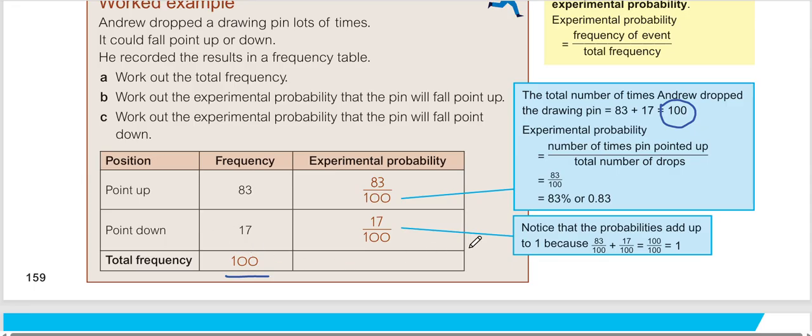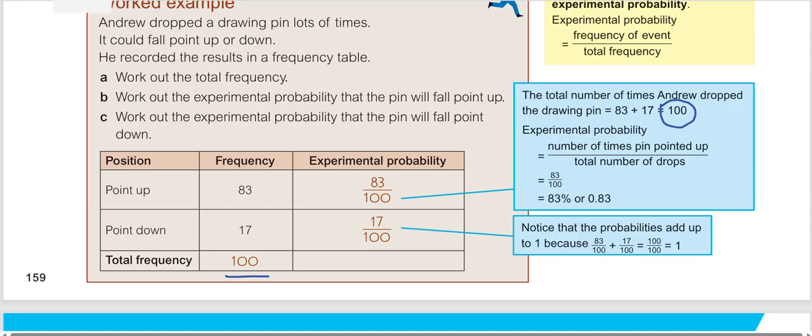Now if you add the two experimental probabilities, point up and point down, you notice that they add up to 1. The lower blue box says the probabilities add up to 1 because 83 upon 100 plus 17 upon 100 equals 100 upon 100, which is 1. Is that clear? Yes.